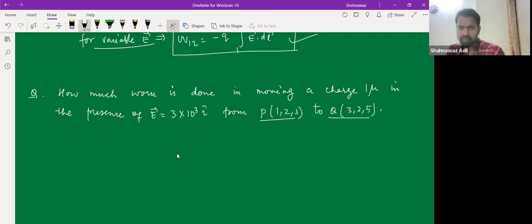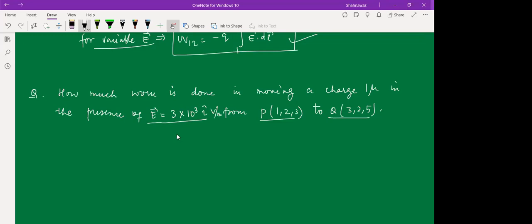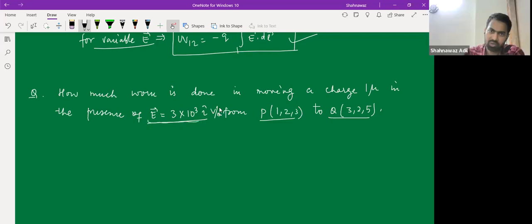You guys tell me, the electric field is in volt per meter, right? So is the electric field uniform or variable? Uniform, right? So we will use the first formula.